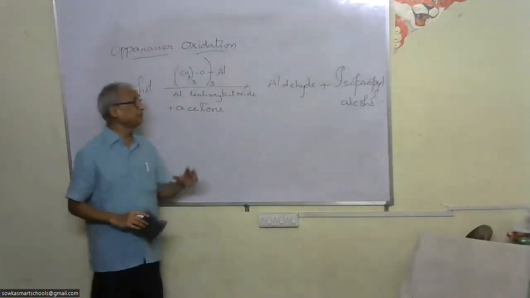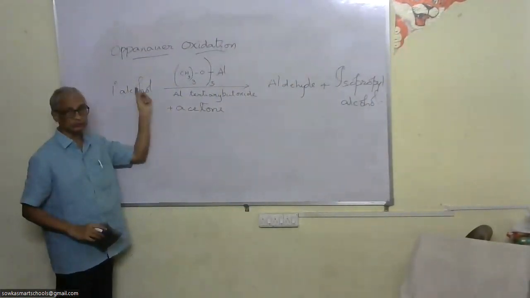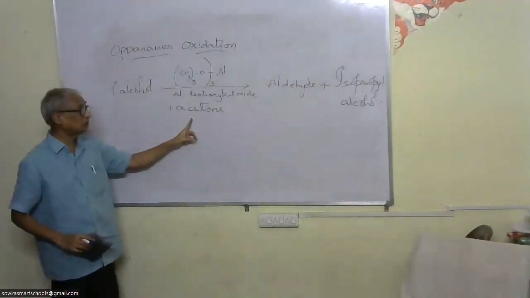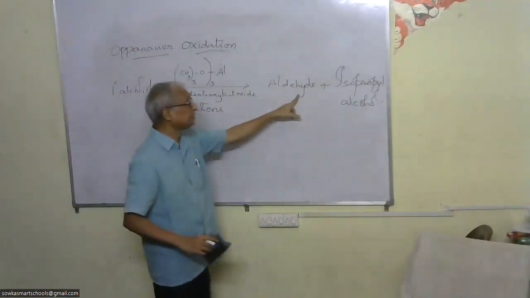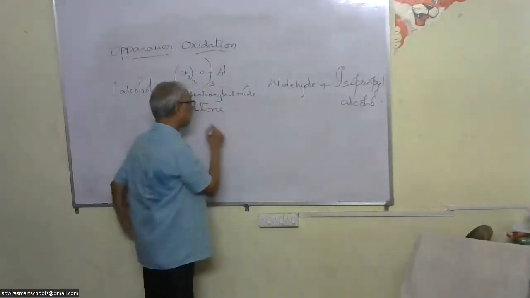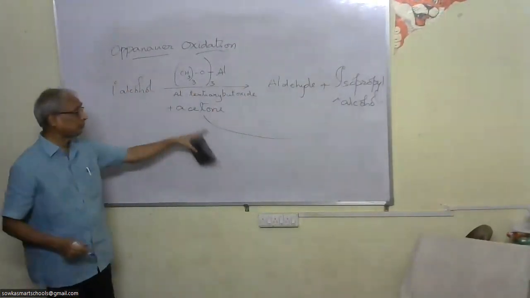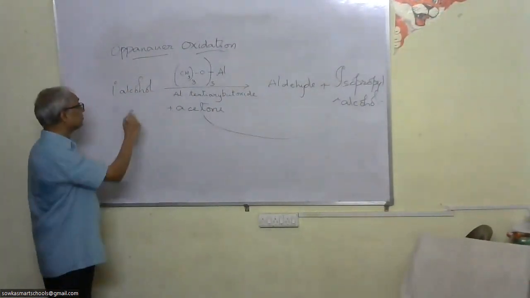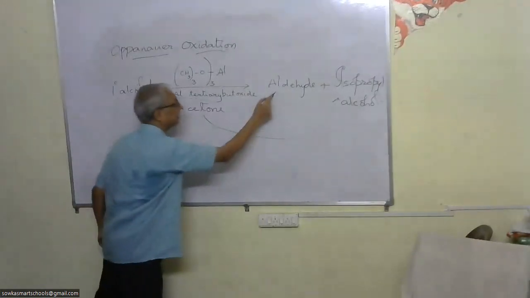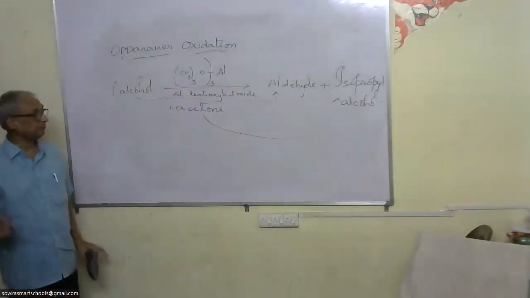See one important point here. An alcohol and a ketone are mixed in the reaction, and we are getting an aldehyde and an alcohol. This alcohol we are getting from acetone. Isopropyl alcohol we get from acetone, whereas this primary alcohol gives aldehyde.